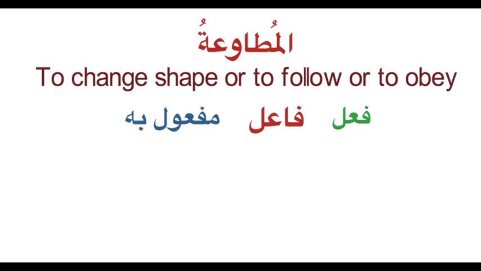It can become from intransitive to transitive, or if it is transitive, it can become intransitive. In form 7, it becomes intransitive. What does it mean? It means in a fa'al which has fa'il and maf'ulun bihi, when it is changed to form 7, the maf'ulun bihi becomes the fa'il.